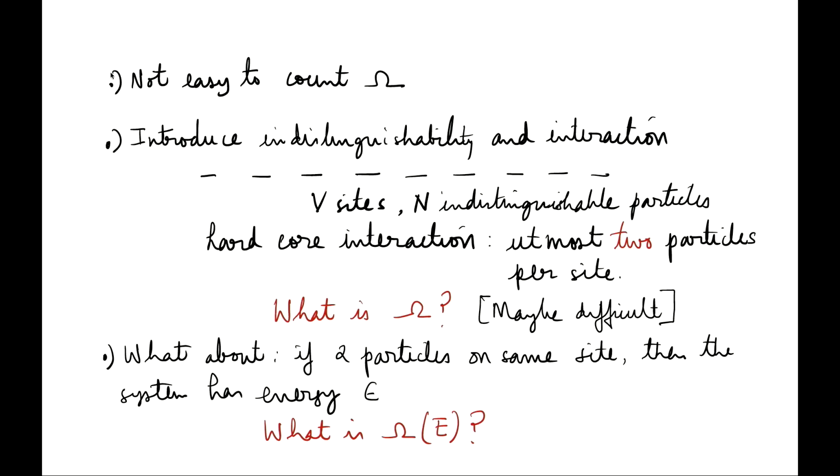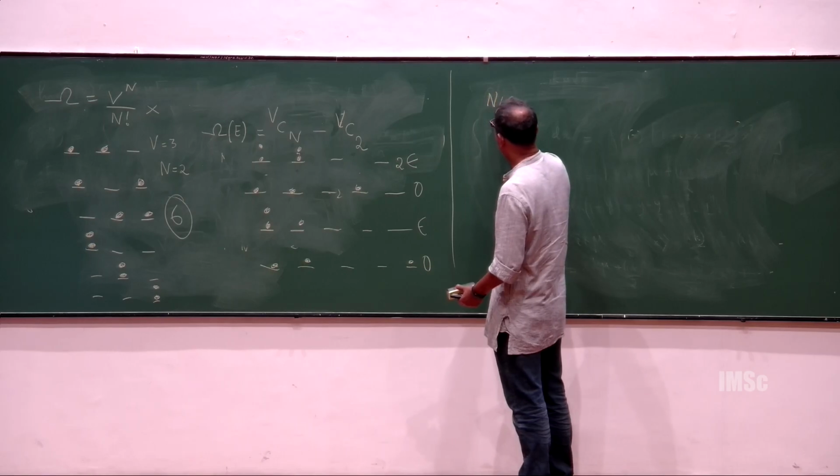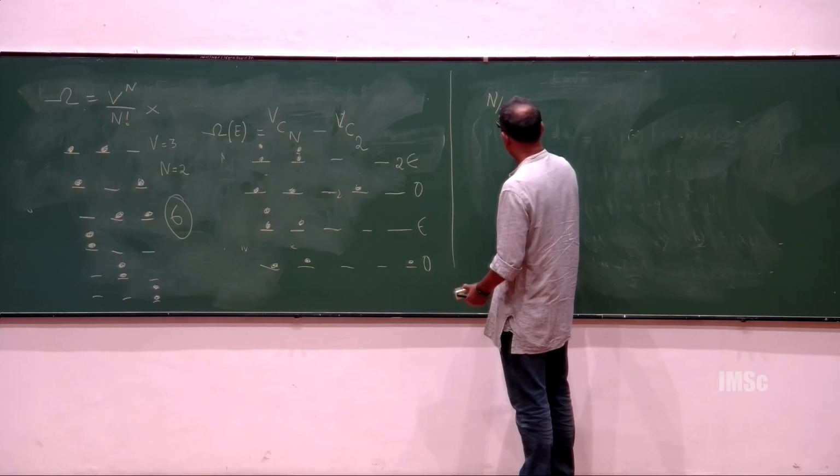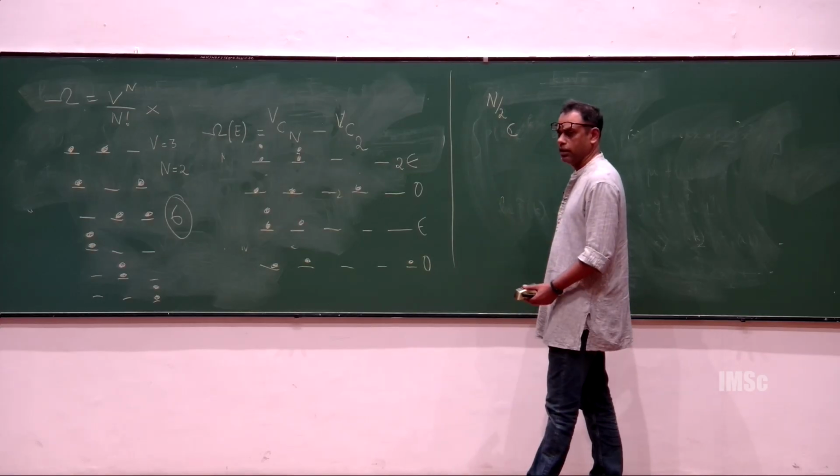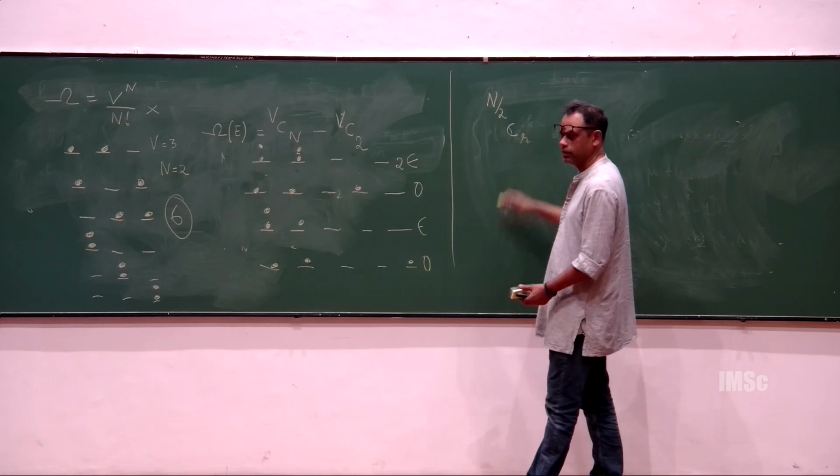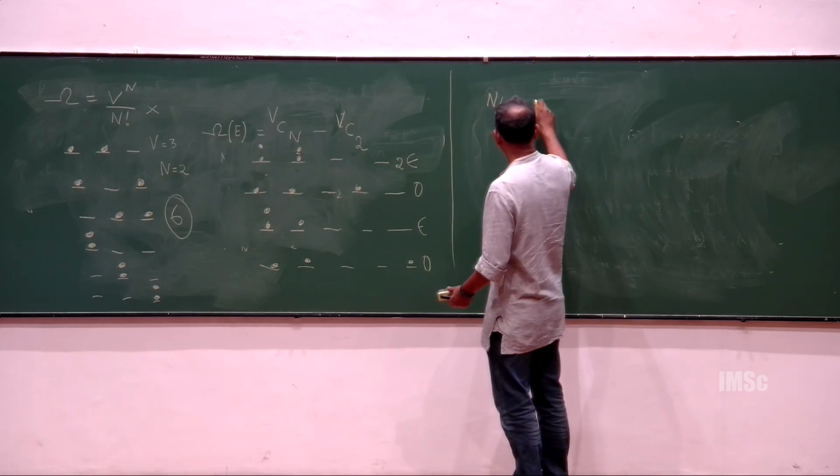Can I compute for this problem? n by 2 choose r into V choose r, summed over r.